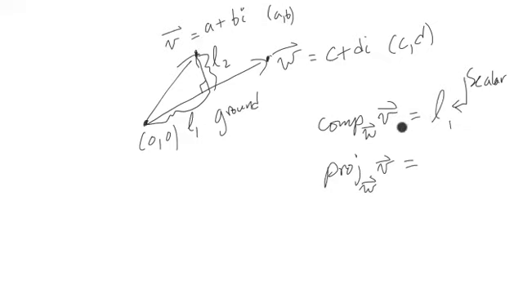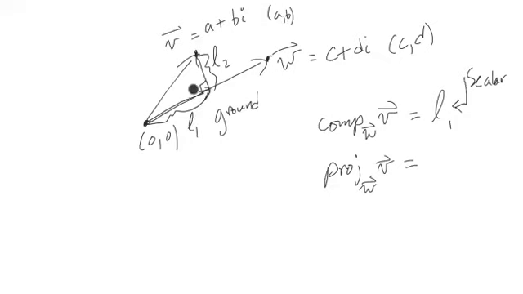So this right here is a scalar because it's a number, and then this is actually a vector. Which vector is it? It's the vector that goes right up to that point on the ground where we're going up, of length L1.